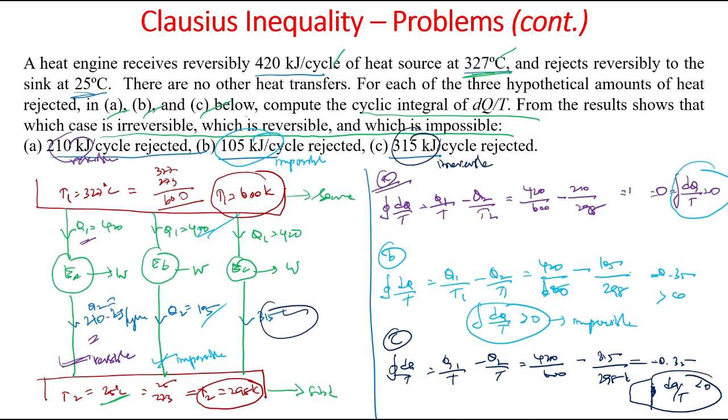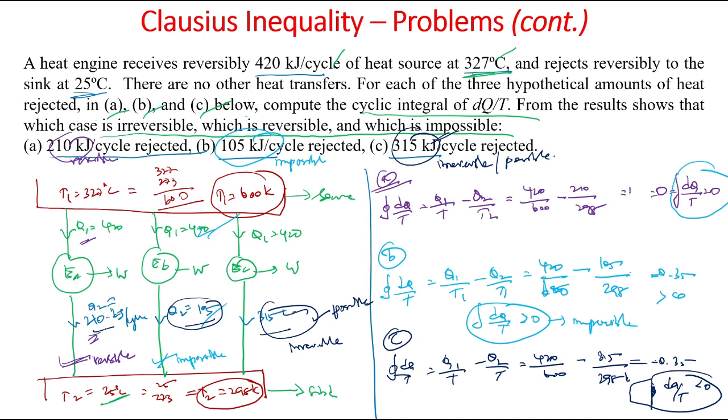Okay, so finally, from the three cases we note that if the heat rejection is higher, we call the cycle an irreversible cycle, which is a possible cycle. If heat rejection is too low, like here 210, 105, 315, the cycle is impossible. The irreversible cycle is a possible cycle, that is a real cycle.